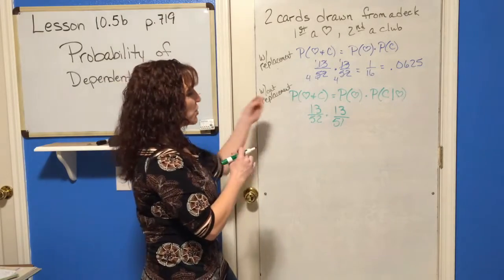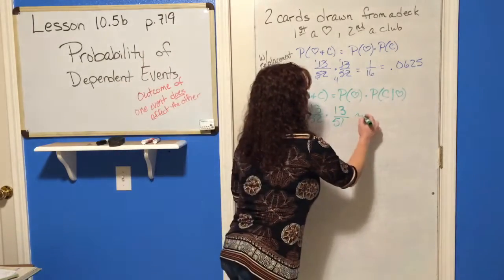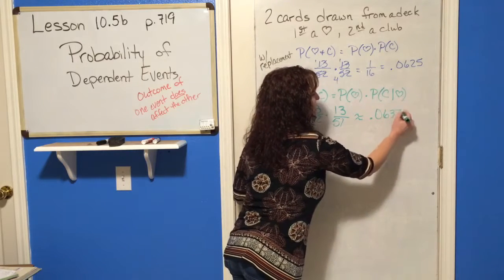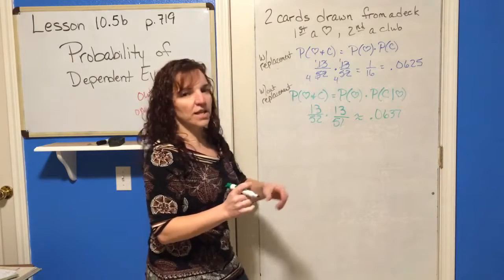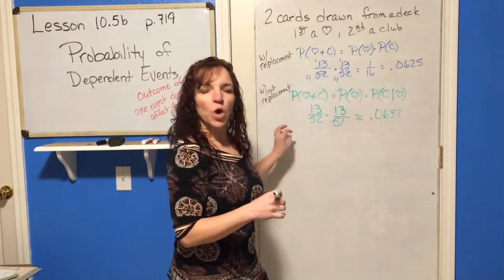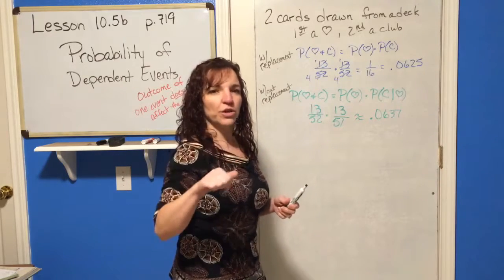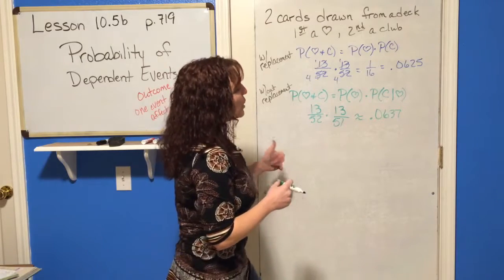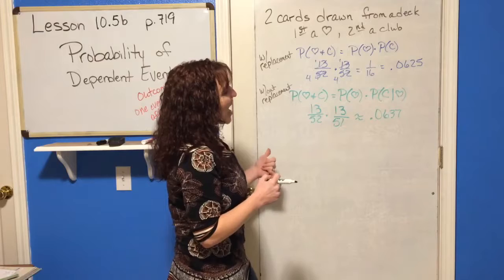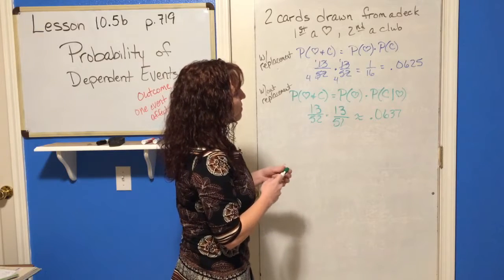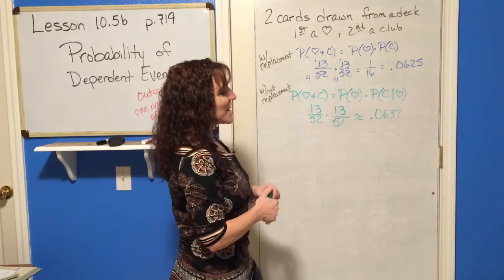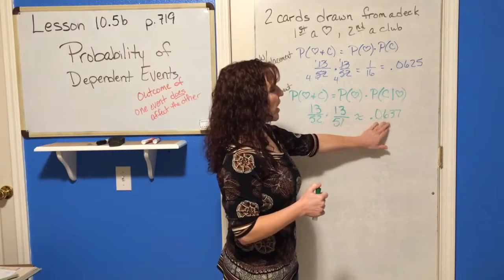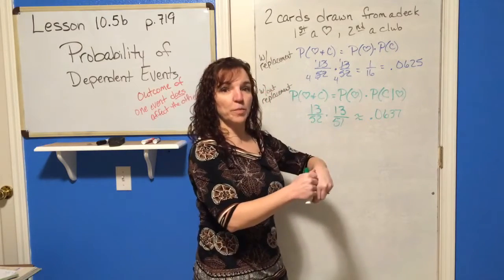In that case, you simply multiply across and then divide, and you end up with 0.0637. And you'll notice I'm not doing a lot of this computation anymore on the videos. You can do those on your calculator real quick. Pause it if you need to and make sure that my calculation is correct. So you can see that the probability in this case is actually greater if you don't replace than if you do replace.